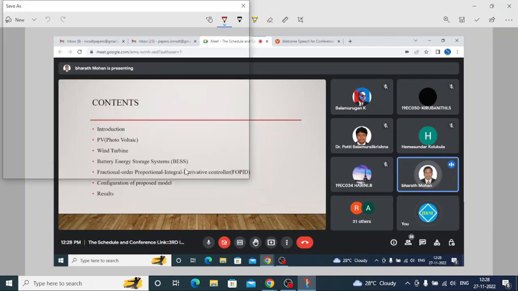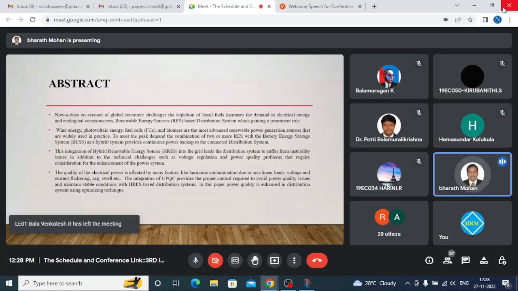In the abstract, the requirement of renewable energy has taken a prominent role these days. That is why the demand for interconnection of different types of energies, such as wind, photovoltaic, and biomass, has become widespread.